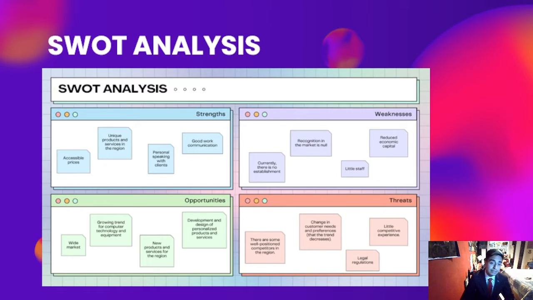In opportunities, we have a wide market, growing trend for computer technology and equipment, new products and services for the region, and development and design of personalized products and services.